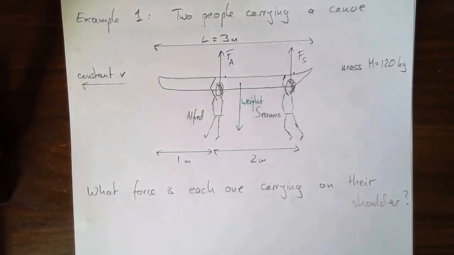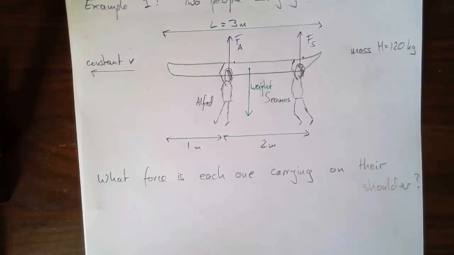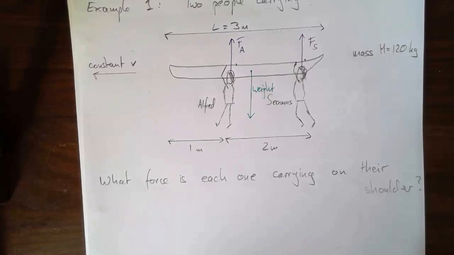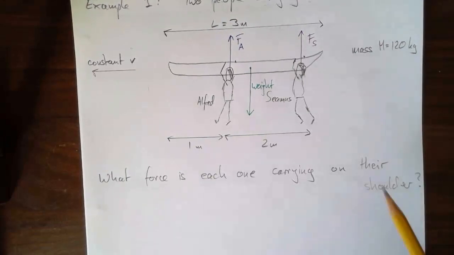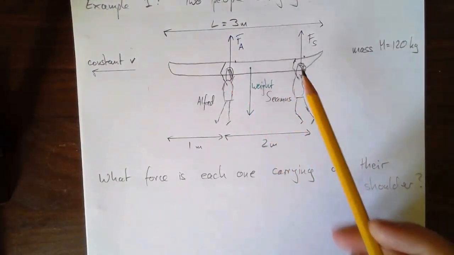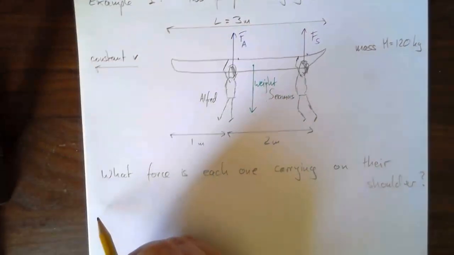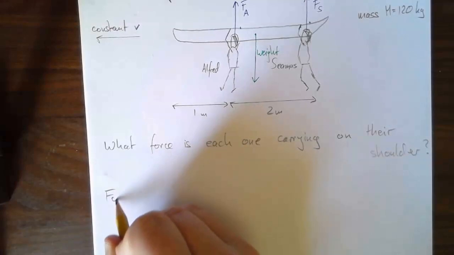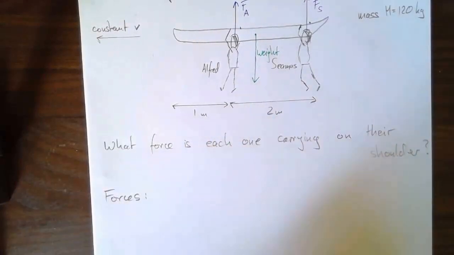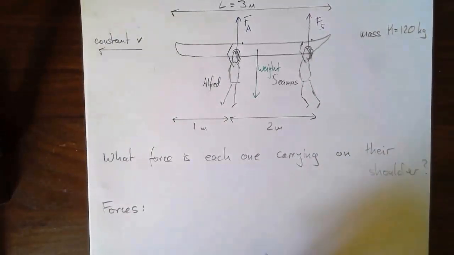So our two unknowns are the two forces. So what can we write down? Well, we know it is equilibrium, so let's write down what you know from previous mechanics courses. The forces have to cancel out. The forces, they're all vertical here.